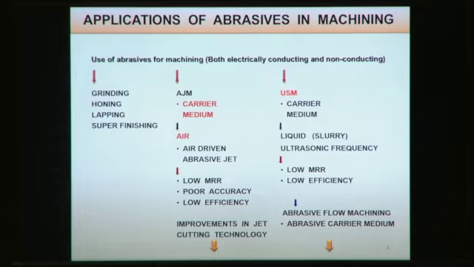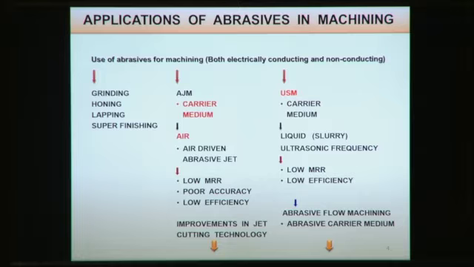In grinding, abrasive particles are bonded together, and in honing and lapping, loose abrasive particles are used. In honing, people also use a honing stick, where the abrasive particles are bonded together. Other than these, there are other super finishing processes where abrasive particles are used.